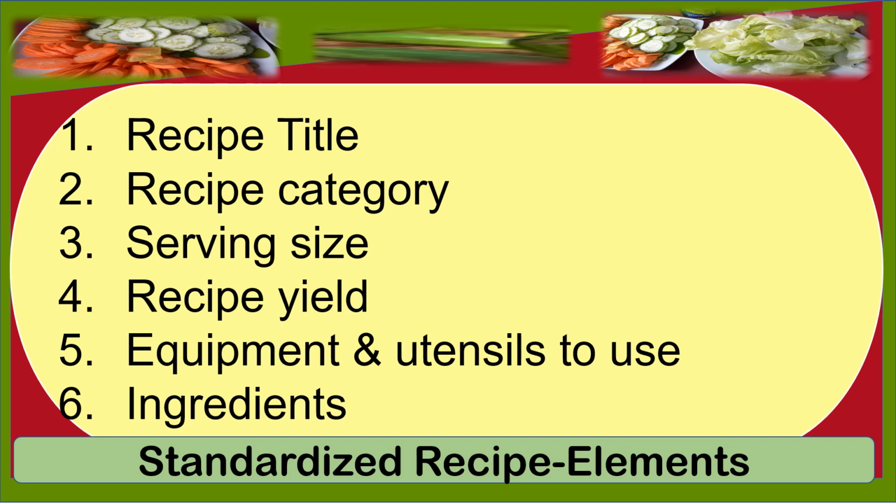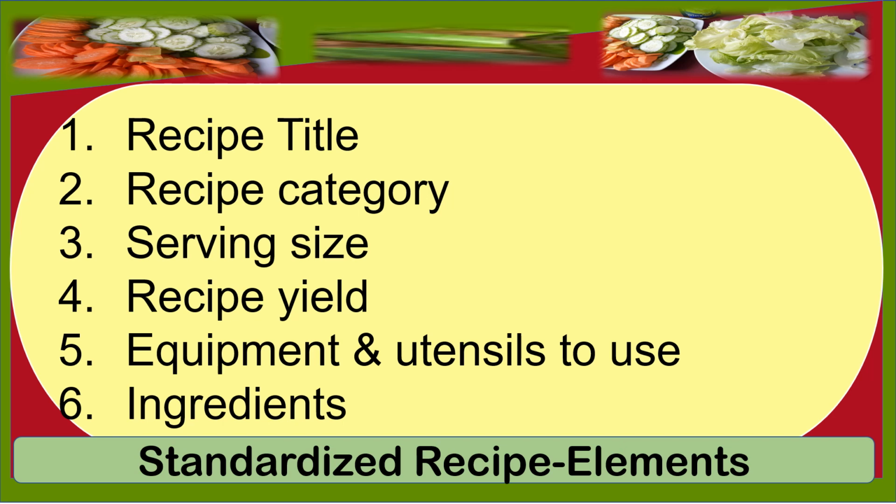Okay, of course, you should have the list of cooking and serving tools needed, from making the recipe until you serve the food item. What's the equipment and utensils that you're going to use up to the serving time.